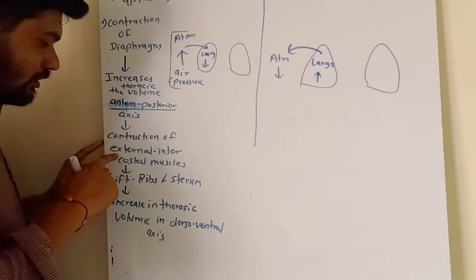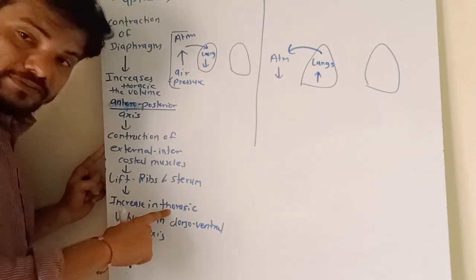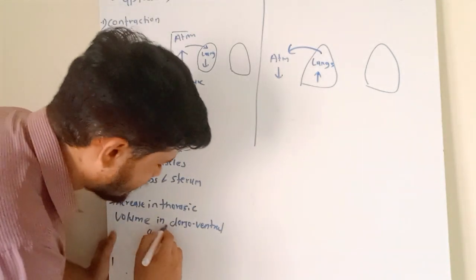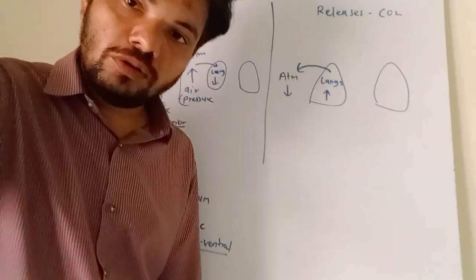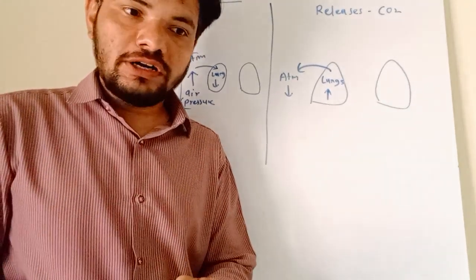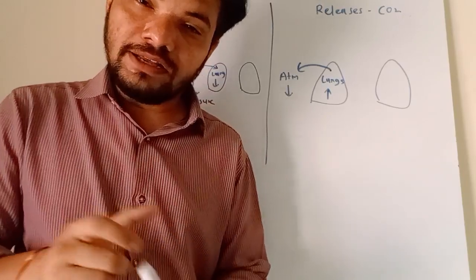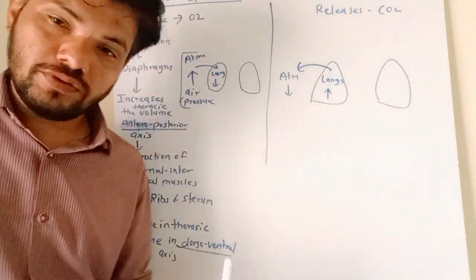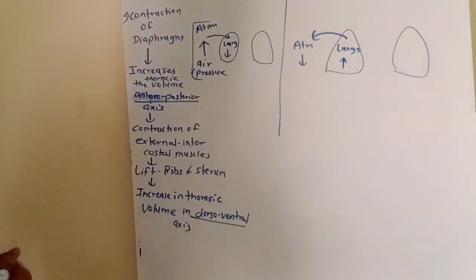And when your external intercostal muscles are contracting, the thoracic volume is increasing on the dorsoventral axis. A question can come on this topic. You have to carefully remember that by contraction of which muscle the thoracic volume is increasing, either in the anteroposterior or dorsoventral axis.